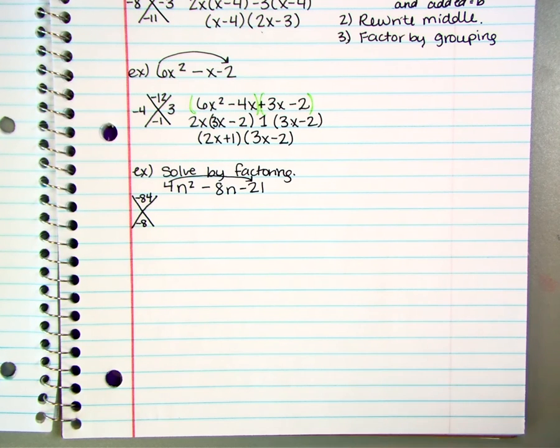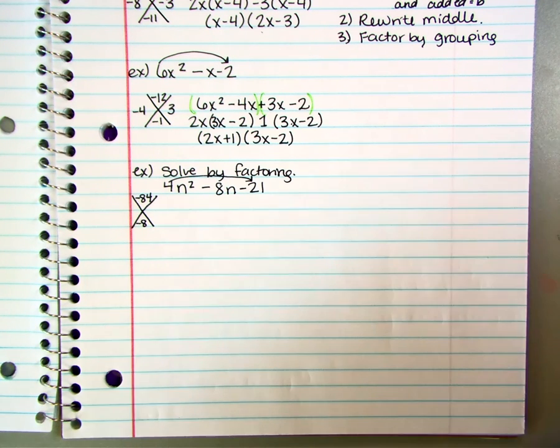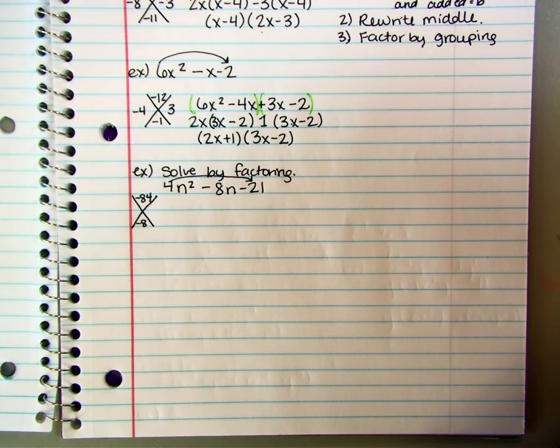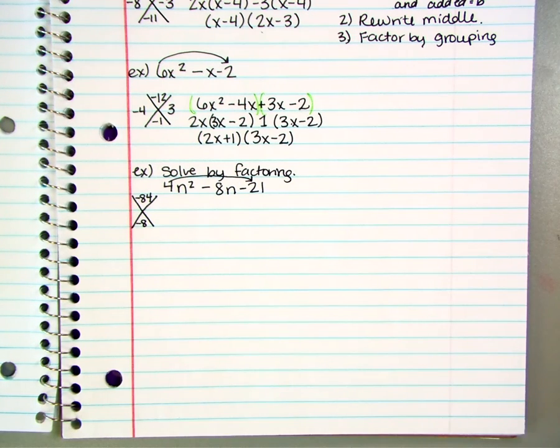So let's see. 84, let's list out our factors since that's such a big number. We've got 1 and 84, 2 and 42, 3 and, let's see, 84 is divisible by 3.